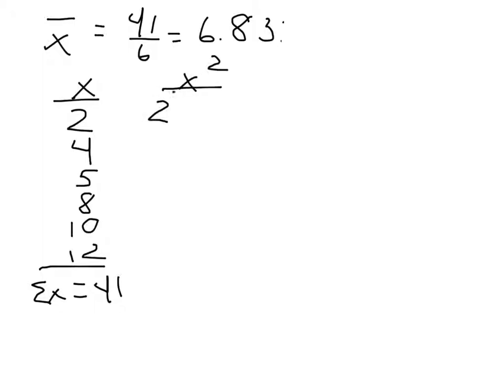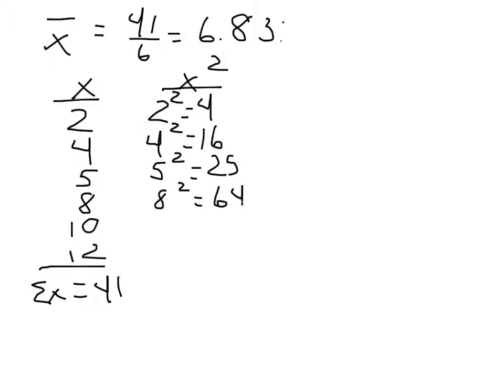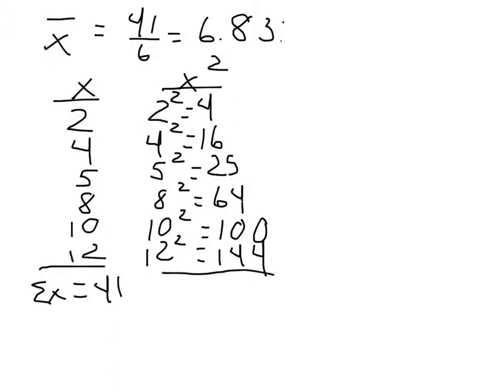So it's going to be 2 squared equals 4. 4 squared equals 16. 5 squared equals 25. 8 squared equals 64. 10 squared is 100. And 12 squared is 144. And when I add those up, I get 353, and that represents the summation of the x's squared.